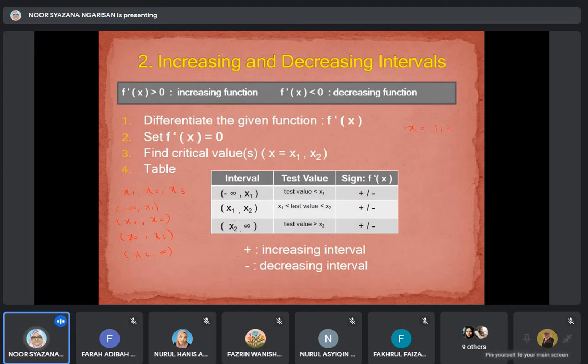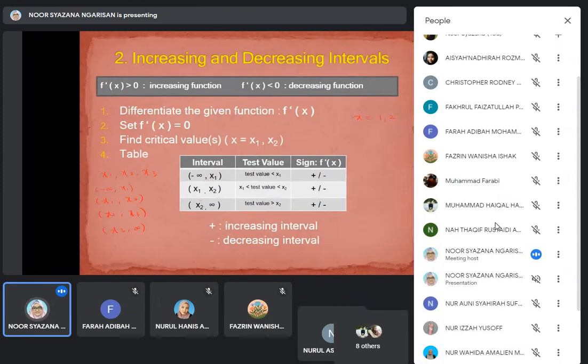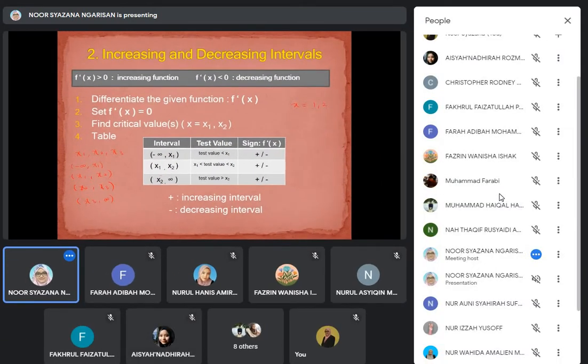Okay, let me call your name. Tauqif Rushaidi, can you please give me the first interval? Katakanlah critical value kita 1 dan 2. Can you please give me the first interval?